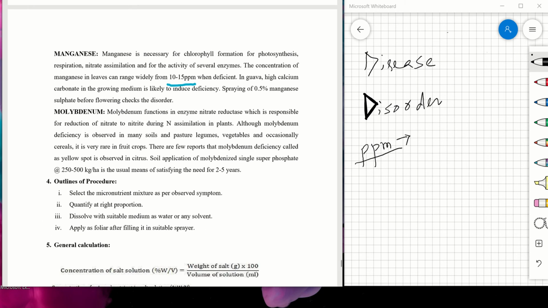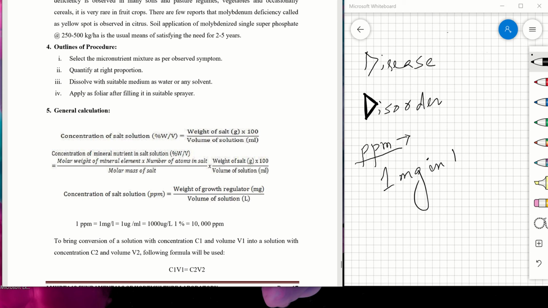For that particular fertilizer, manganese sulfate, you can take 1 milligram per 1 liter of solution. 1 milligram in 1 liter of solution is your 1 ppm, and 10 ppm will be 10 milligram in 1 liter of solution.